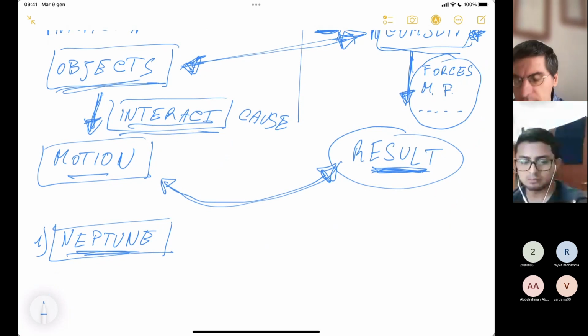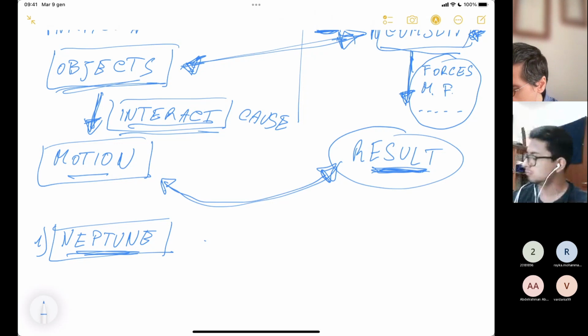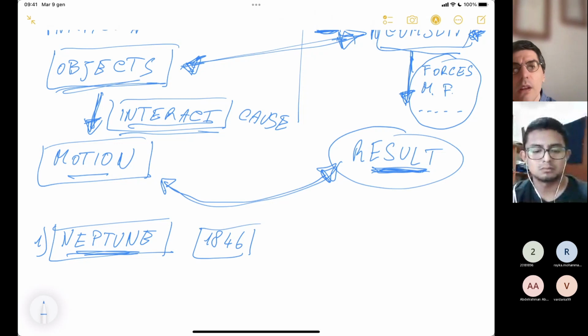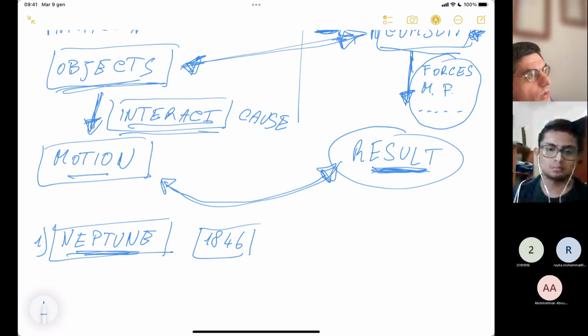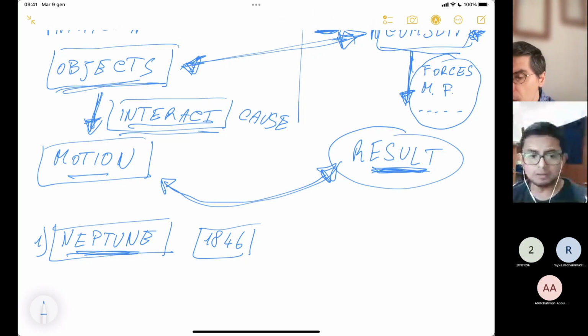One of these situations is given by the story related to the discovery of Neptune. If I recall well, it should be something in 1846. So it's quite recent if you think about it.